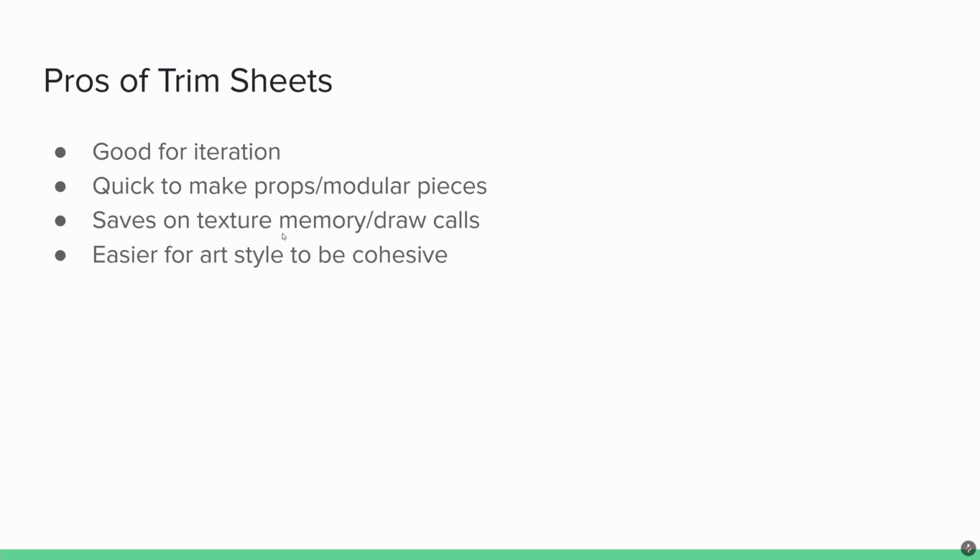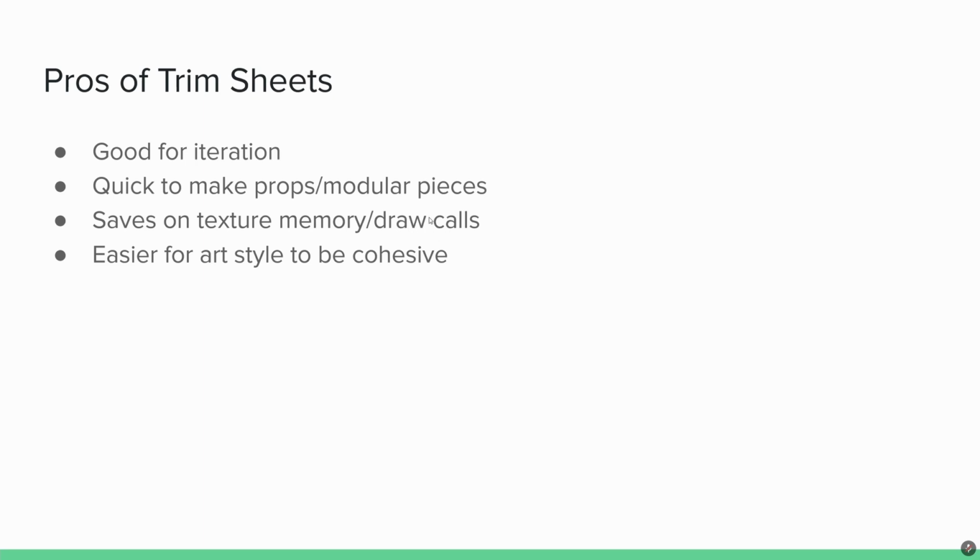Another advantage is it saves on texture memory and draw calls. Since you are using one trim sheet, one texture sheet for multiple props, you don't have to worry about bringing in a normal map for every single prop on the map. So it ends up saving a lot there.